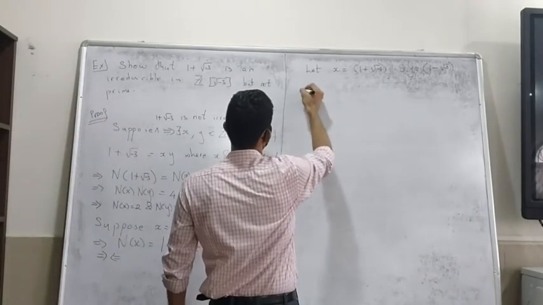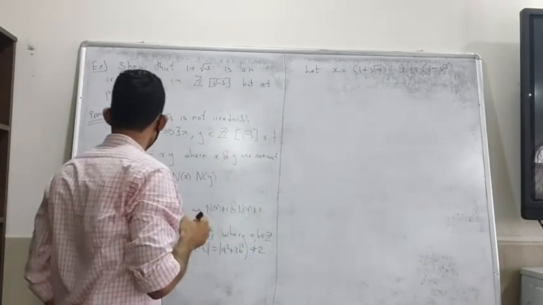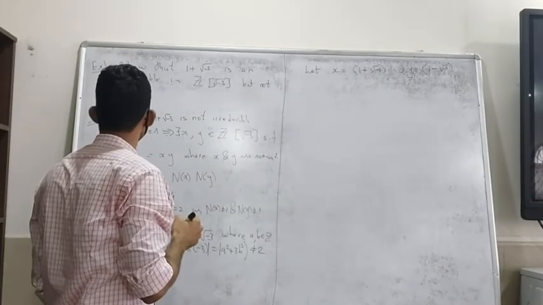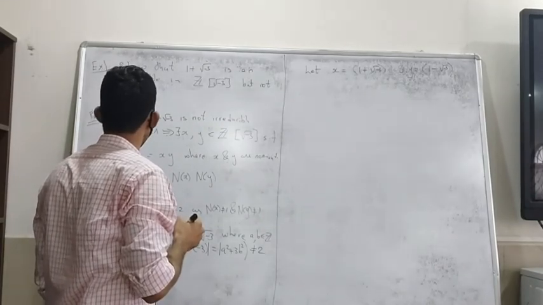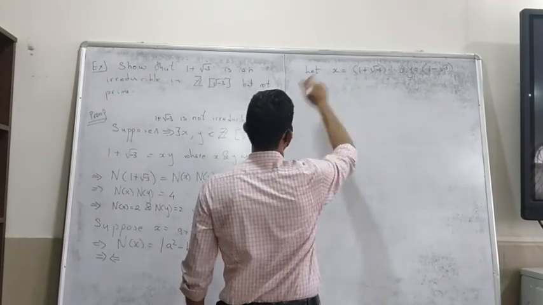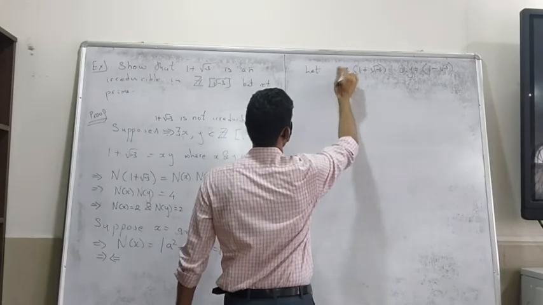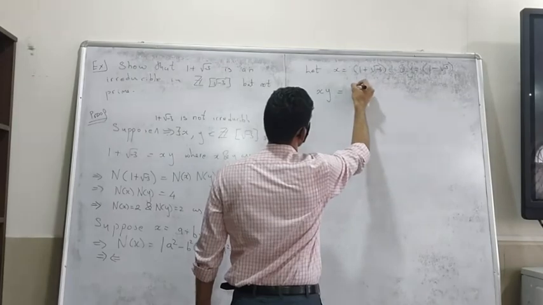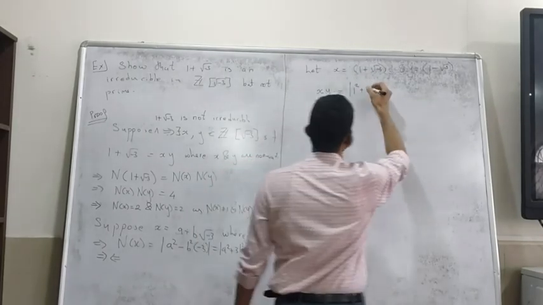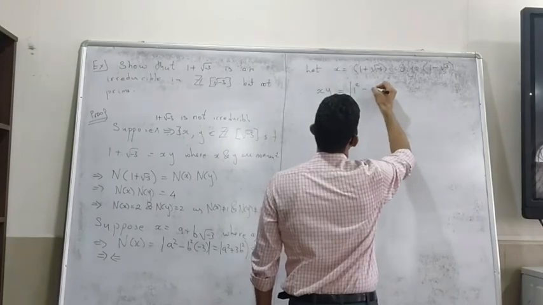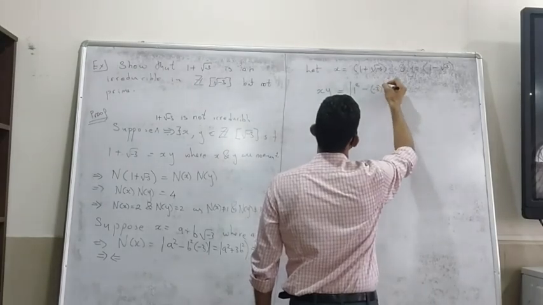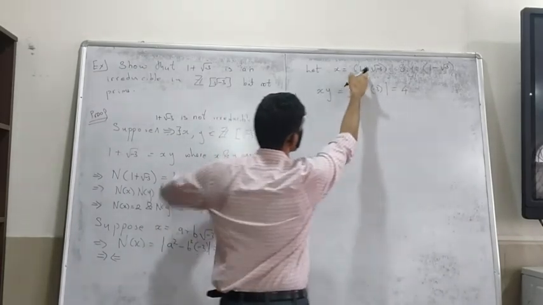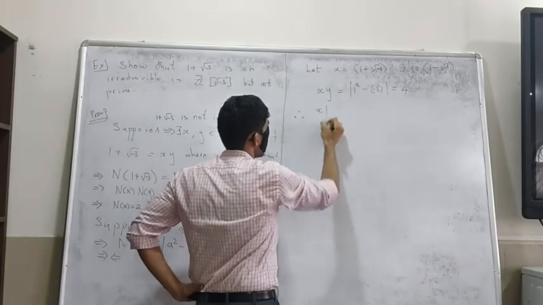So therefore, let's go with x and y. So xy is 4. Okay, 1 squared plus mod of 1 squared times minus 3, which is 4. So what I can see here is that x, that is 1 plus square root of minus 3, divides 4.